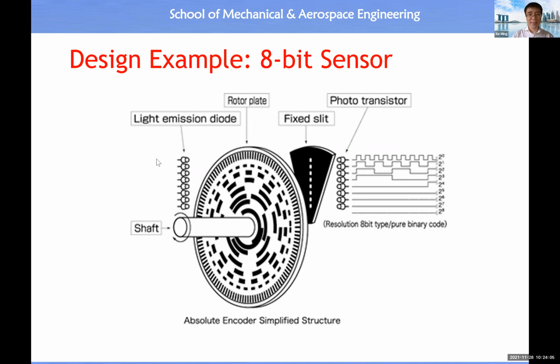All right, and we also have a light source, and for each photo detector or photocell, it may have its own dedicated light emission diode, or light source. So that means for each bit, it will have its own dedicated light source.